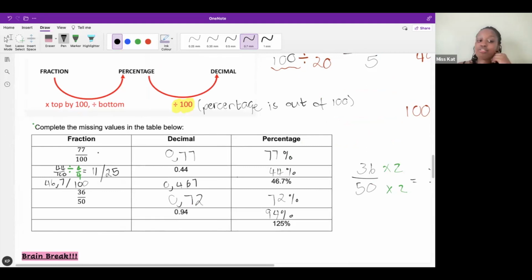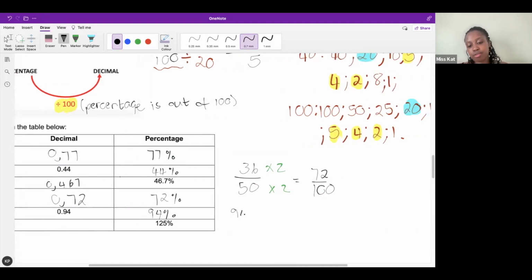Now let's go to fraction. We're going to start off with 94 over 100, but I can definitely simplify this. What do we divide it by? They're both even numbers.